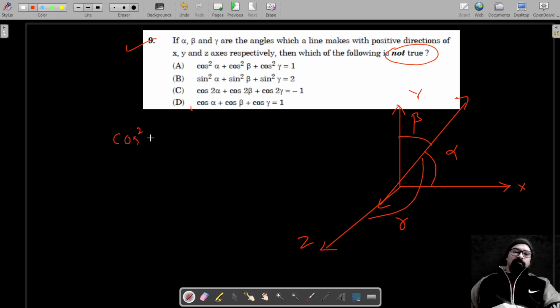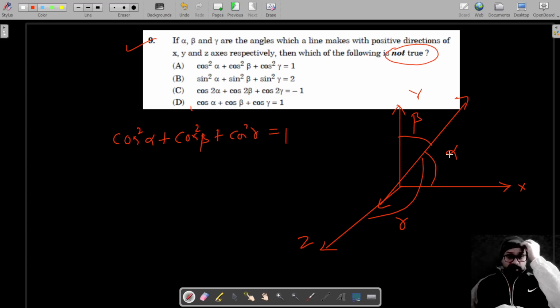And the sum of squares of the cosines of these angles is always equal to 1. So this is the relation between the cos of the angles that a line makes with x, y, and z axis respectively. So the first one is true.